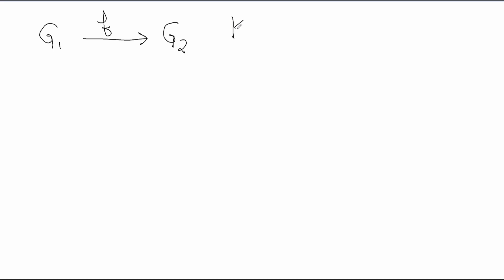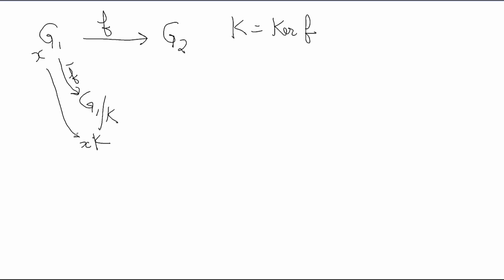Now if we took K as the kernel of F, then G1 by K is a factor group, and a typical element in here is xK, right? And since I wrote xK, I can define a map here. Let's call it f bar, that takes x to xK, its left coset, right?